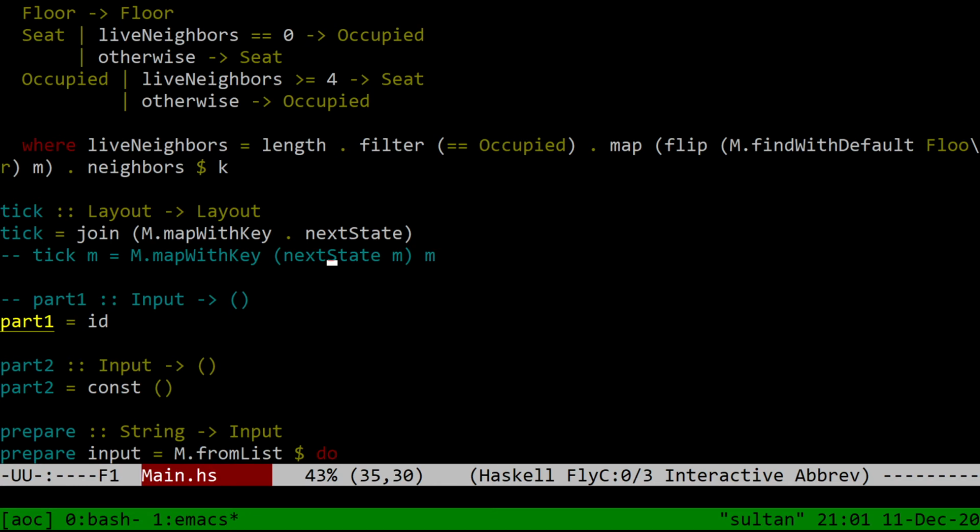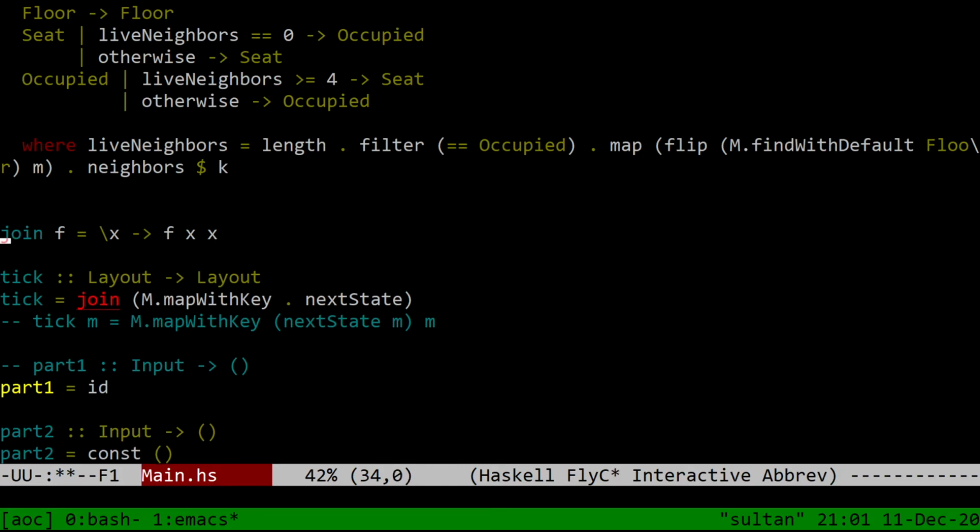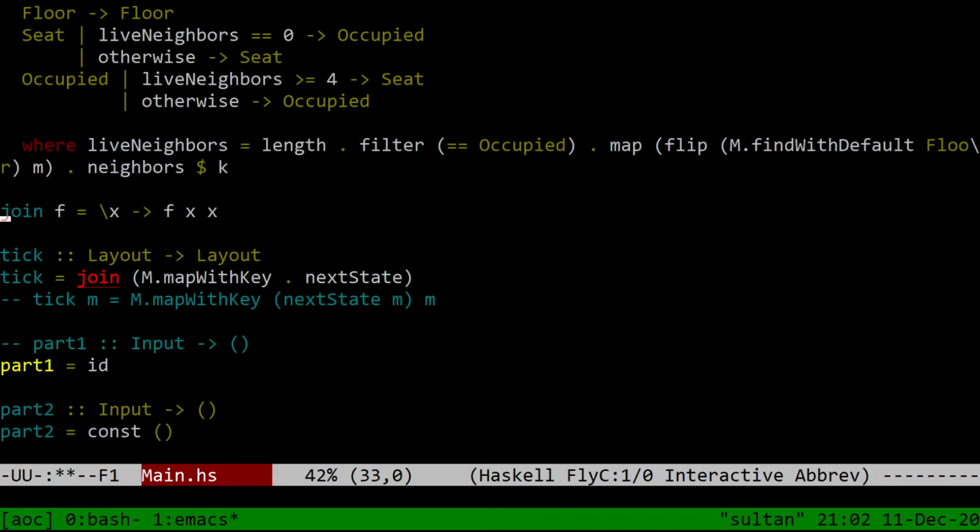And so for functions, join f is lambda x, f x x. And so this is kind of like the fancy way to handle arguments needed multiple times without having to give them a name necessarily.